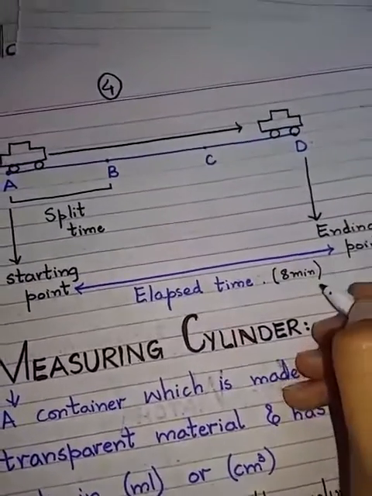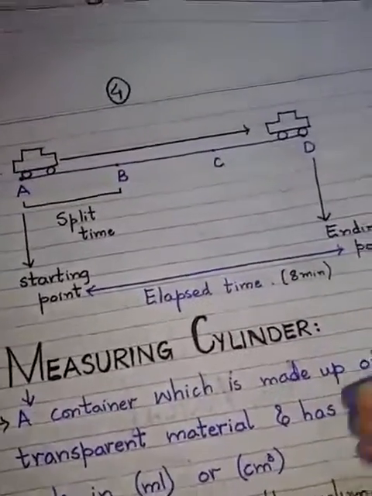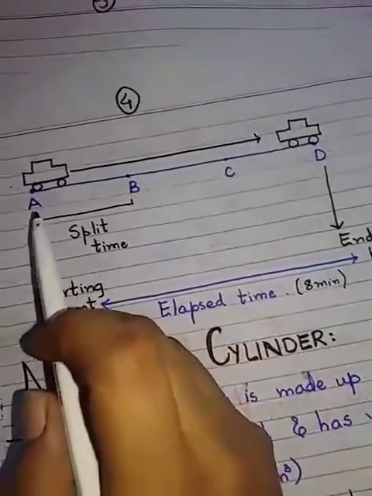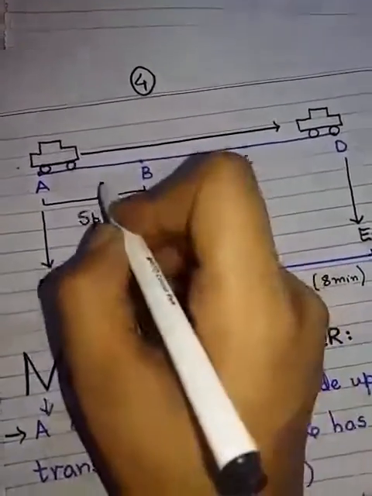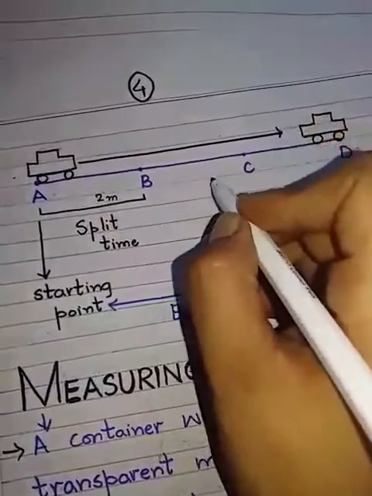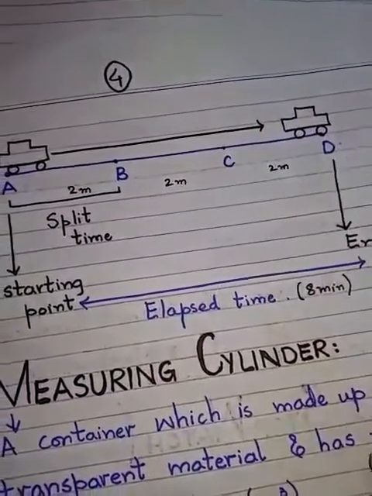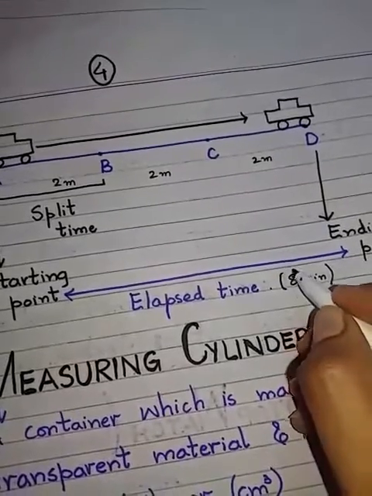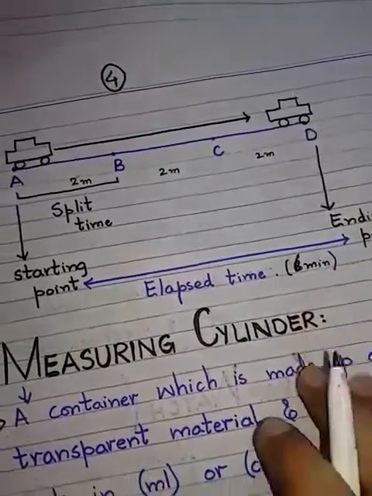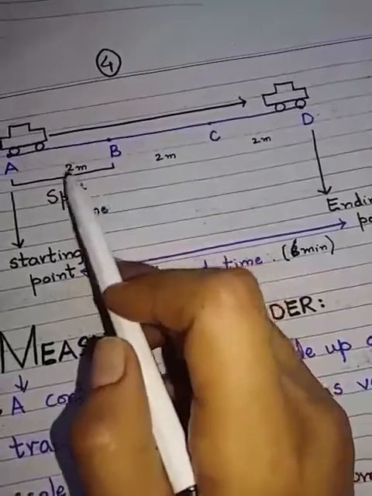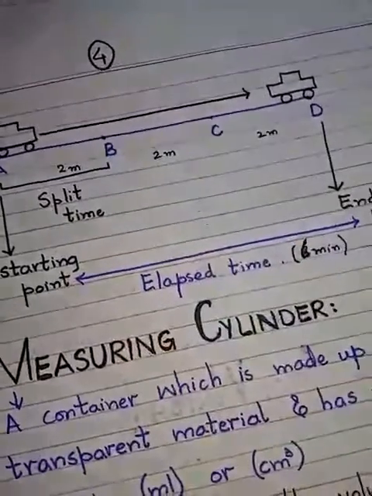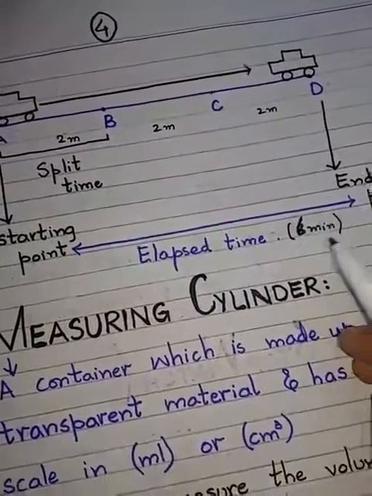Suppose the car covers the distance from A to B in 2 minutes, and B to C in 2 minutes. Suppose this is 6 minutes. So this 2 minutes is the split time, and this 6 minutes is the elapsed time.